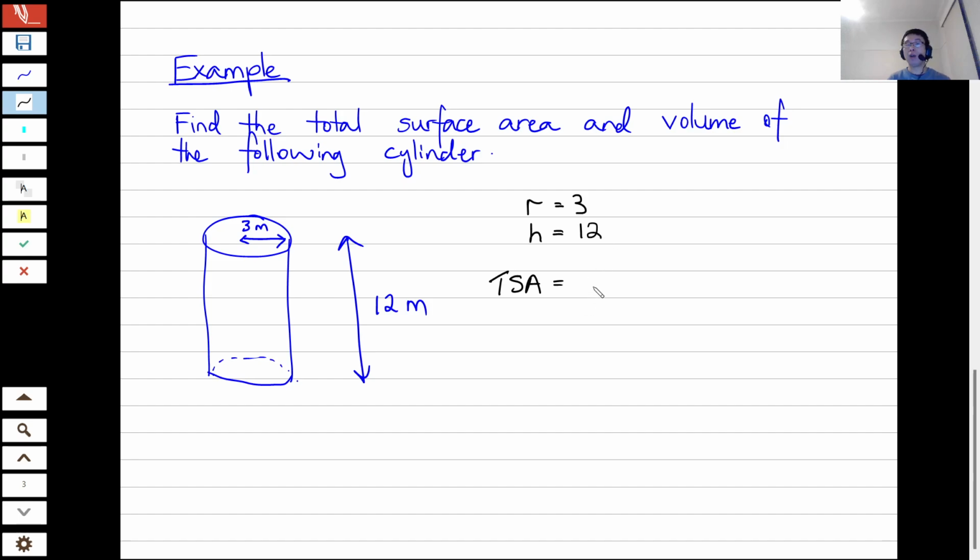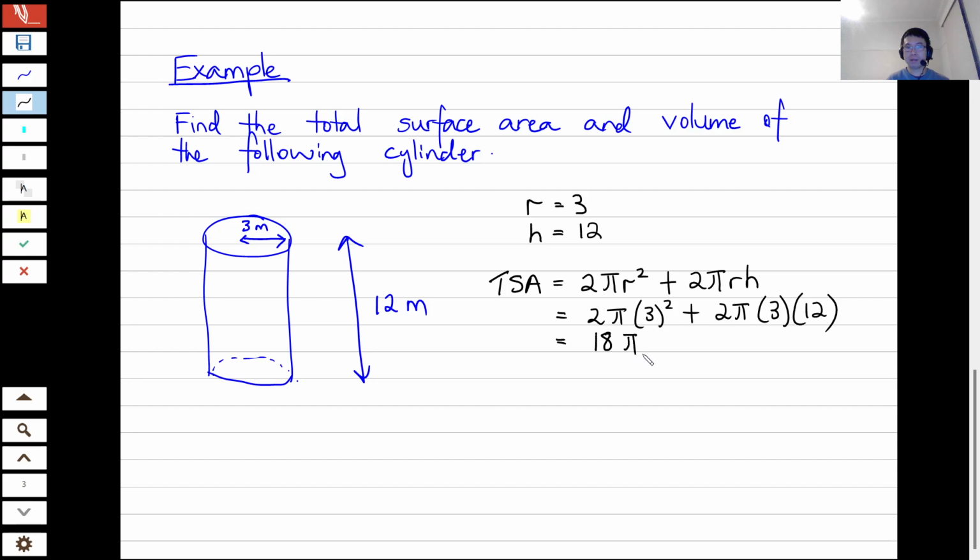So just now we wrote down that the total surface area of a cylinder was 2 pi r squared plus 2 pi r h. And now we substitute these numbers in. So it's 2 pi times 3 squared plus 2 pi times 3 times 12. 3 squared is 9. 9 times 2 is 18. 3 times 12 is 36. 36 times 2 is 72.